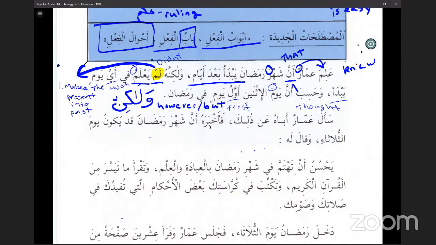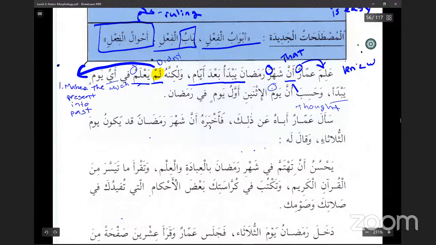So we said that Monday is the first day of Ramadan. So he thought that the first day of Ramadan was Monday. So what did he do? He asked Ammar. Asked is a past tense verb. Ammar, the doer, the fa'il, because of the dhamma, it goes back to the verb.